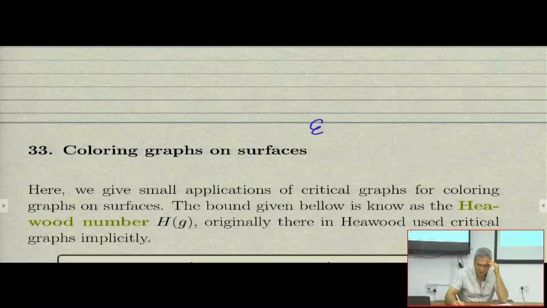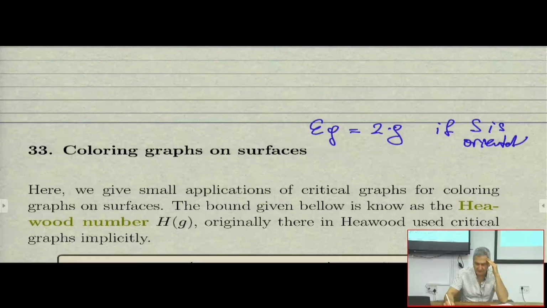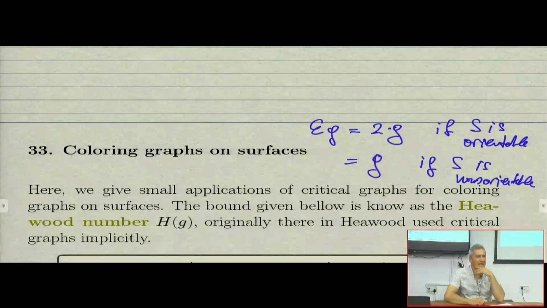Euler genus is equal to twice the genus if S is orientable, and is equal to the genus if S is non-orientable. It is more convenient for graph theory people to do it this way.